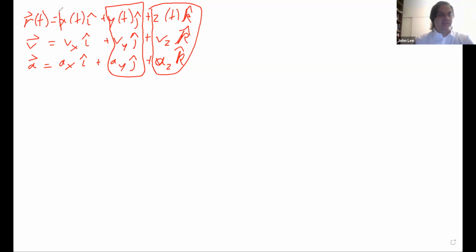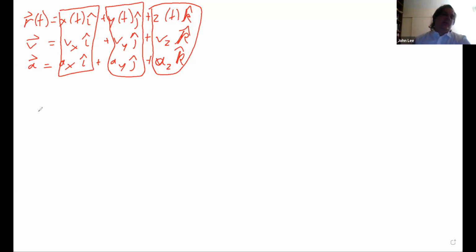So because all of these are independent of one another, when we write out the kinematics equations, we can just break it up into its components instead of worrying about how each component, the x, y, or z, interferes with the other components.